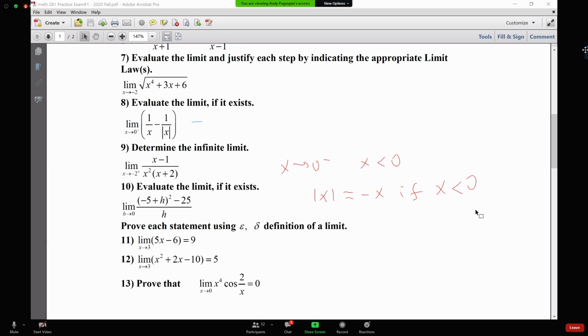So this one equals limit as x approaches 0 from the left of 1 over x minus 1 over negative x, which becomes 2 over x. Now x is less than 0, so it's negative, and it approaches 0, so it goes to negative infinity. Does not exist.